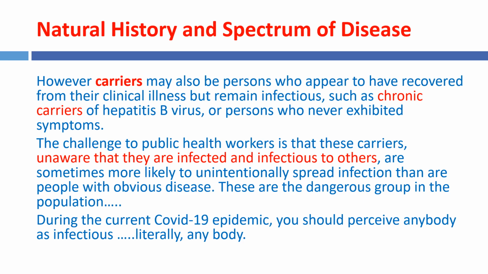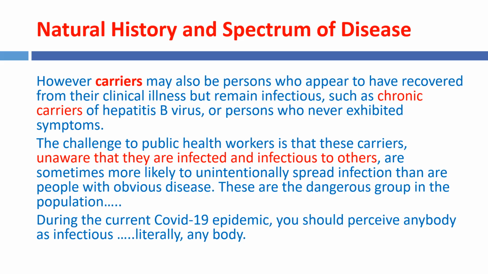However, carriers may also be persons who appear to have recovered from their clinical illness but remain infectious, such as chronic carriers of hepatitis B virus or persons who never exhibited symptoms.